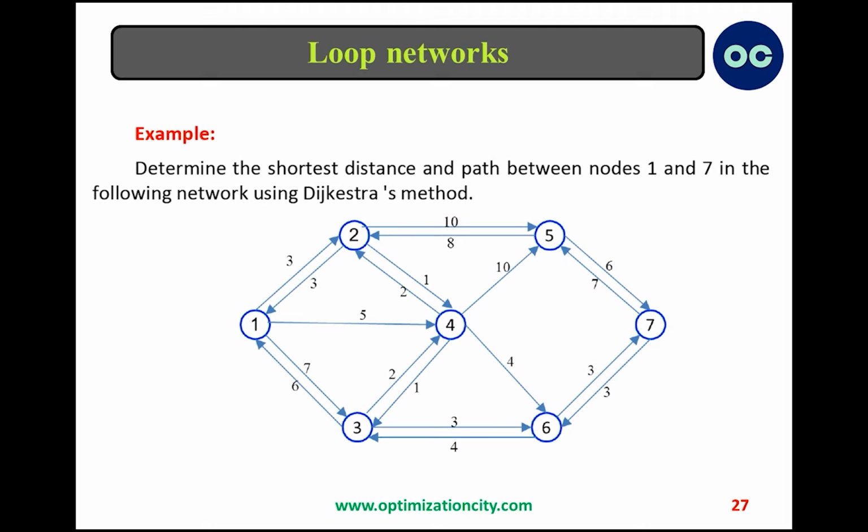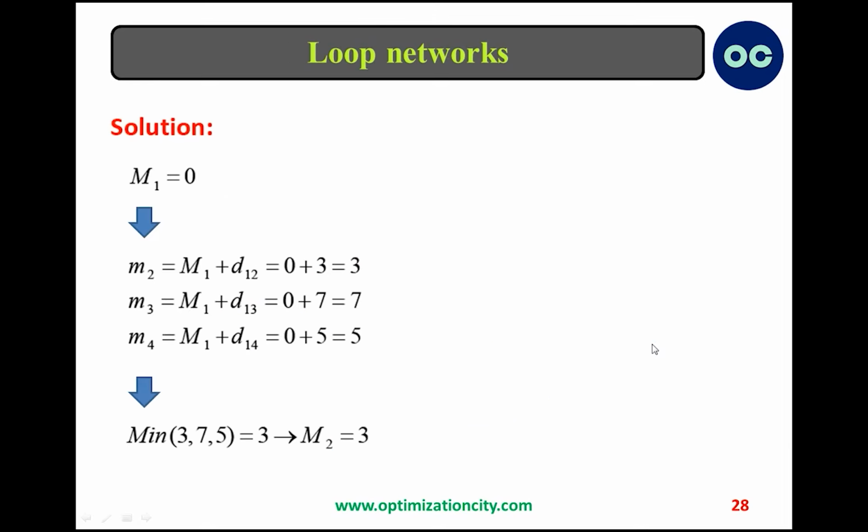Here is the example, and the number over each arc is the cost. We are going to find the shortest path using the Dijkstra method from 1 to 7. We start by assigning the permanent code to node 1, where M1 is equal to 0.